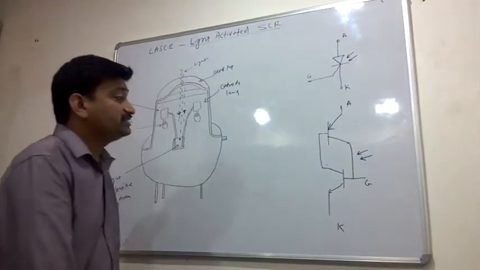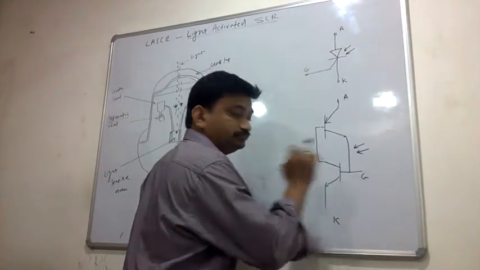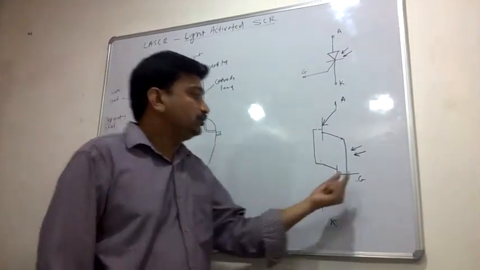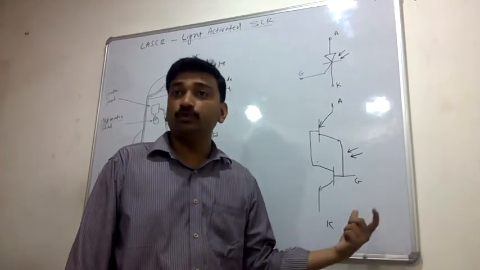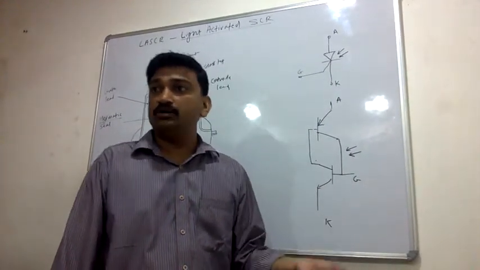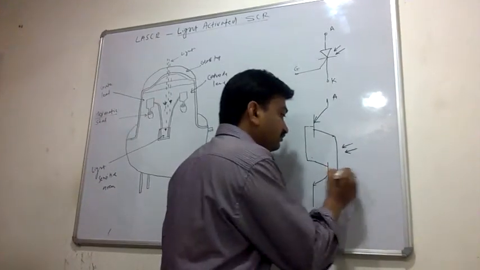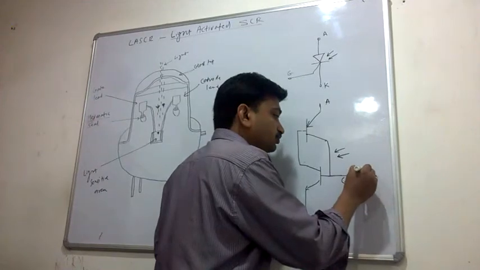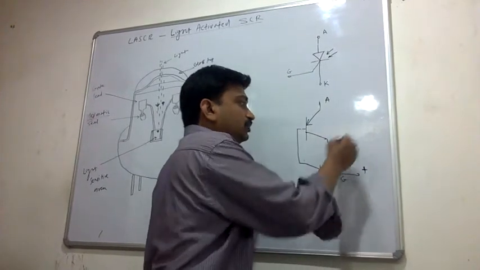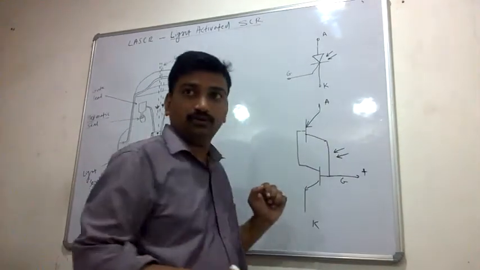So, what is the function of the gate here? Whatever your requirement, if the intensity is less or if the intensity is more, if you are receiving very small light, then you can provide a positive pulse continuously here, and you can control by using the light.